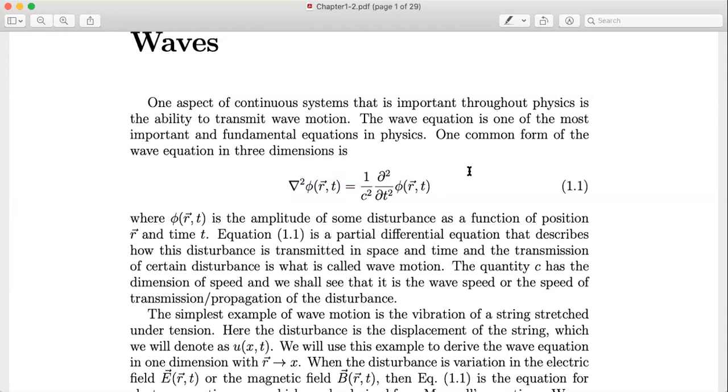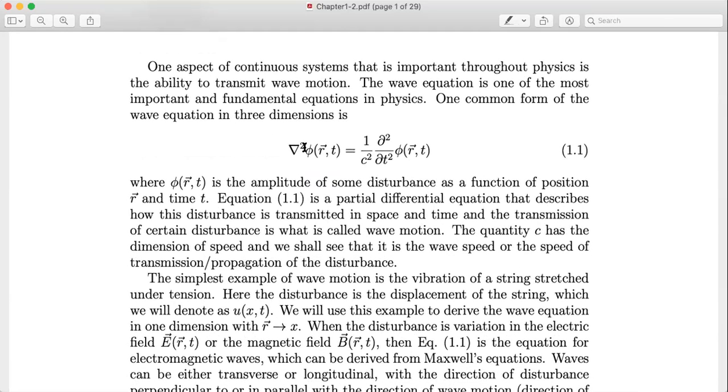In particular, this is a linear equation, meaning the Laplacian and the second order partial derivative with respect to time all appear with just linear, power one. But you should know that there are other, more general forms of the wave equation. We'll come to them a bit, or at least mention them as we go along the course.